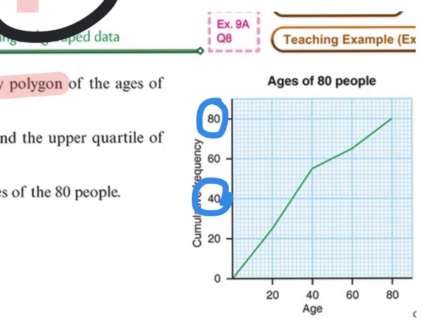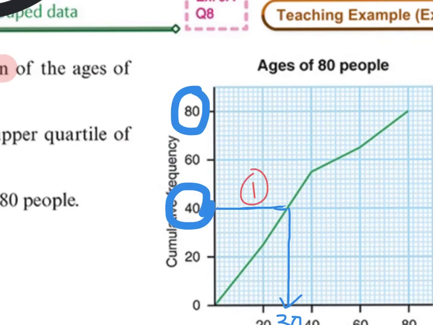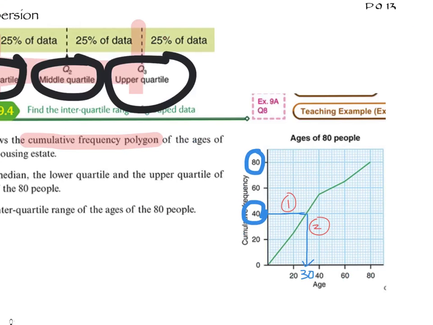Step 1, starting from the y coordinate, draw a line to the right-hand side until you touch the green line. Step 2, go downwards until you get the x coordinate. This time it is 30. So with step 1 and step 2, you find the median to be 30. Step 1 here and step 2 here, remember.